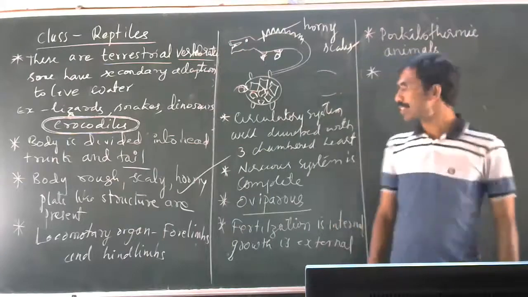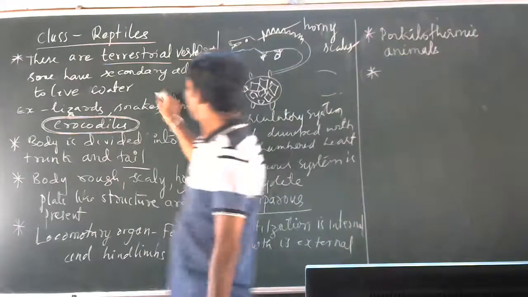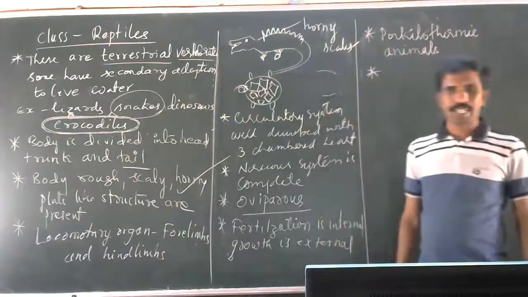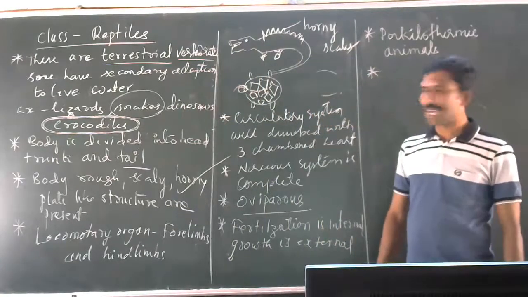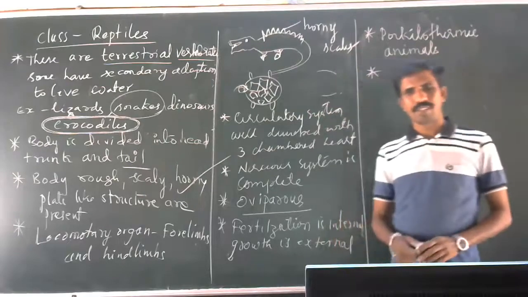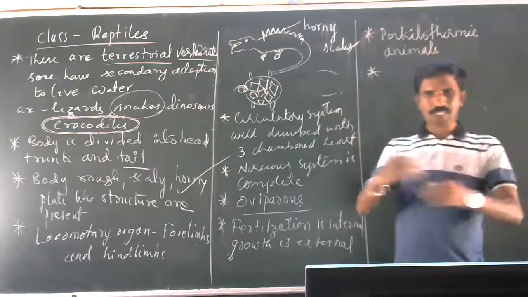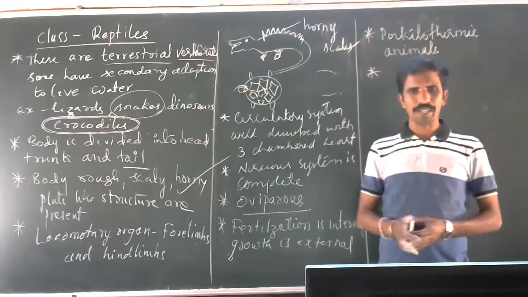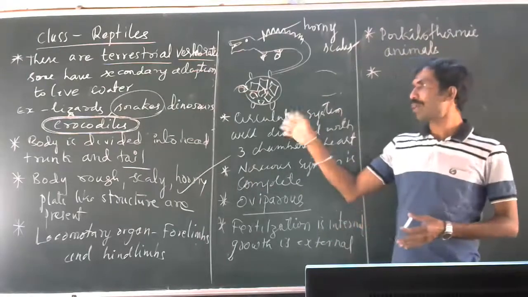In this, snakes also come. Snakes do not have any forelimb or hind limb. Only the body muscles help the movement. These are also vertebrates.